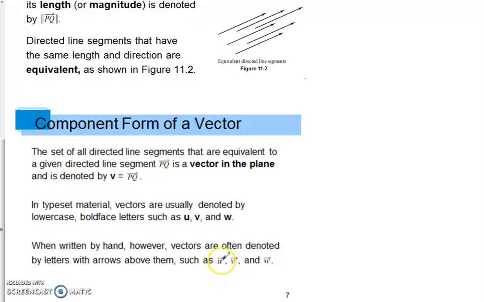We use a U with an arrow on top, or V or W, and that indicates that we're talking about a vector. Some people write it like that to indicate it's a vector. I probably do that more, to show it's a vector and not a ray. So you might want to think about which route you want to go, but you'll see this from me. It's hard to do the boldface unless we're printing, and so your textbook will use this. When we're writing, we use it this way, or you could use that way as well.